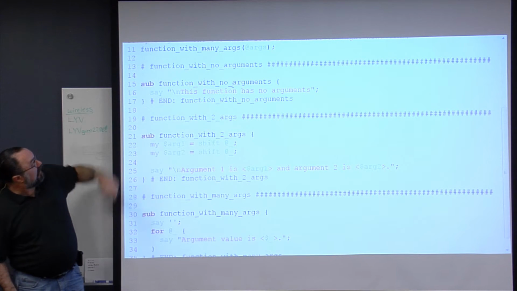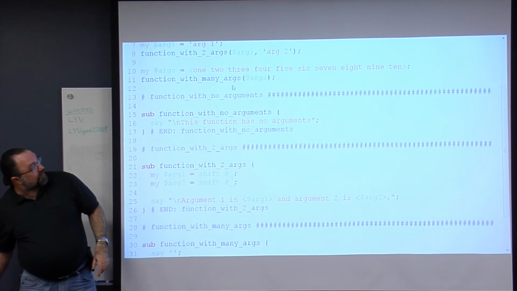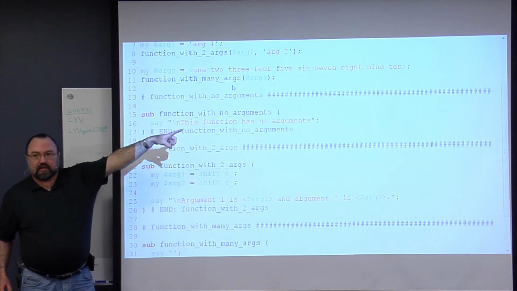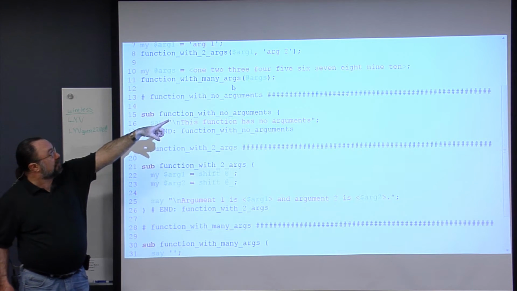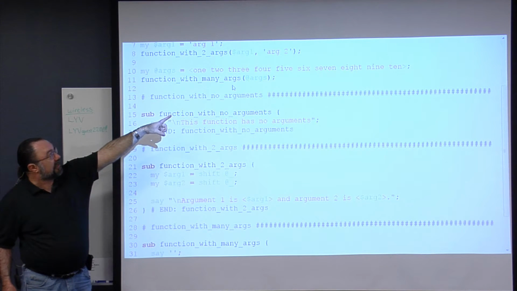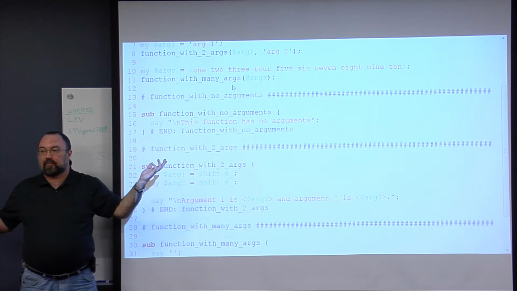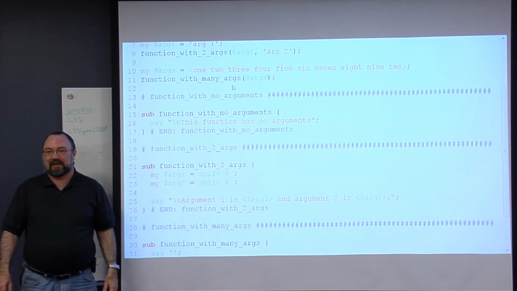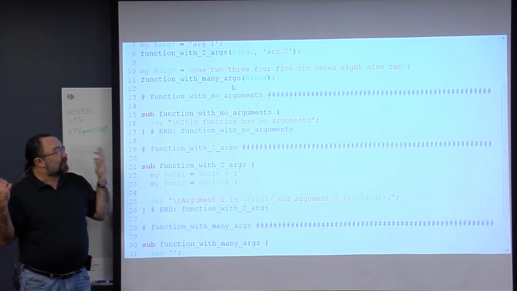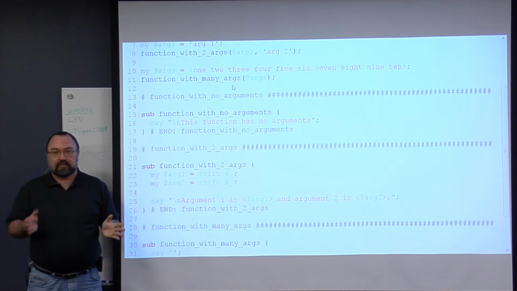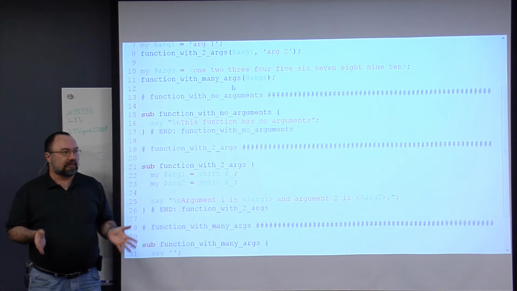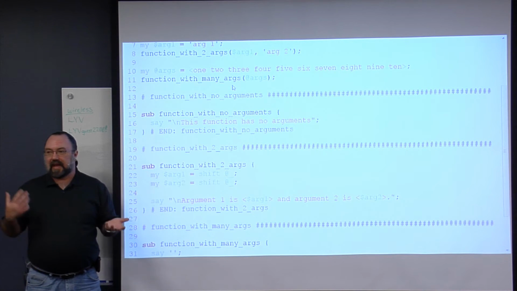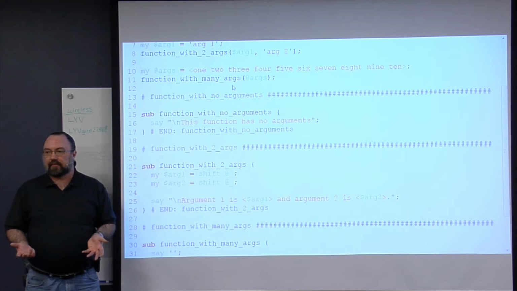And then we've got function with many args. And so here you can see I just took advantage of my words being quoted, stuck them into args, and then you can see, just like in Perl 5, I can pass 1,000 arguments if I wanted to. So that's what's really nice. What I love about what they did with Perl 6 is they made all the stuff that you expect with Perl 5 work.